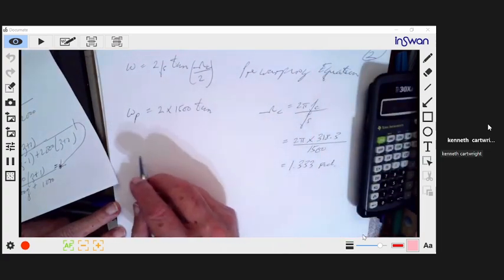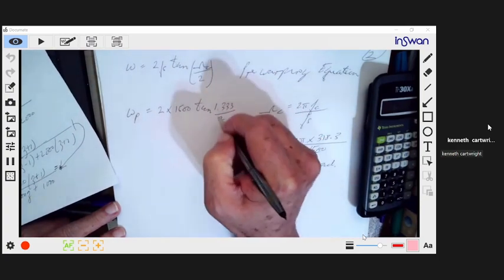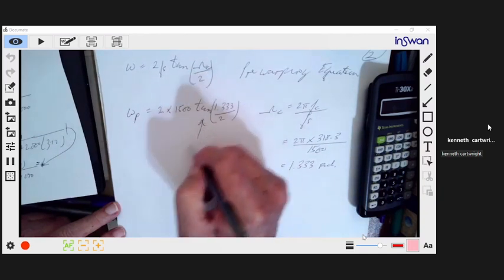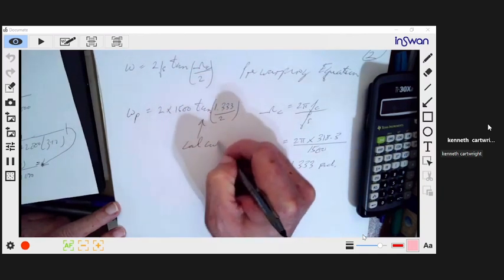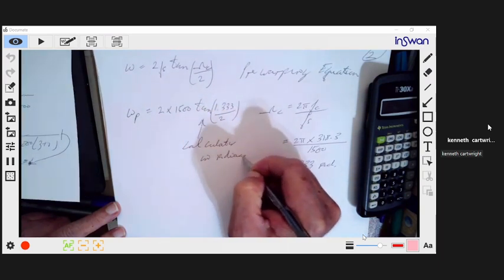So we stick that up here, 1.333 divided by 2. And calculate it in radians.